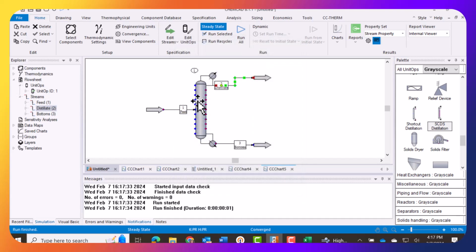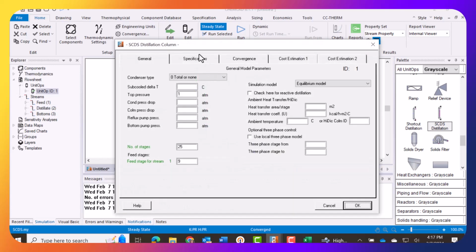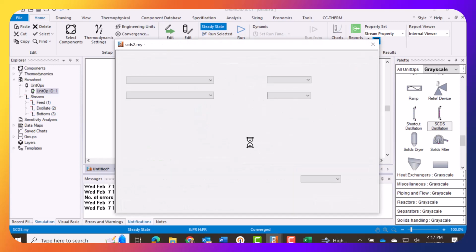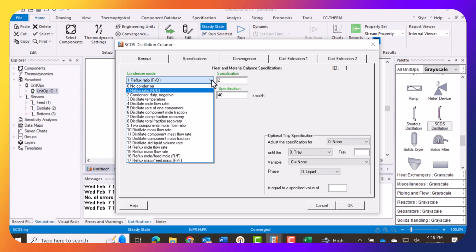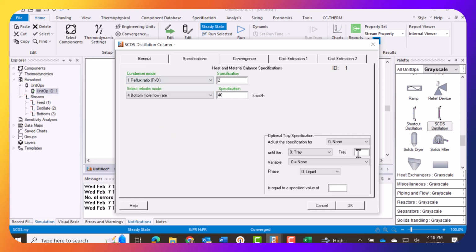You also, let me show you, there are some other things you can do in here. You can come into your specifications, and this is this box down here. I can change the reflux ratio. Maybe 2 was too high. Maybe it would do better to do something lower.